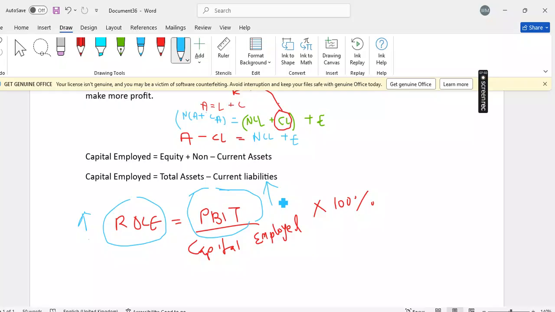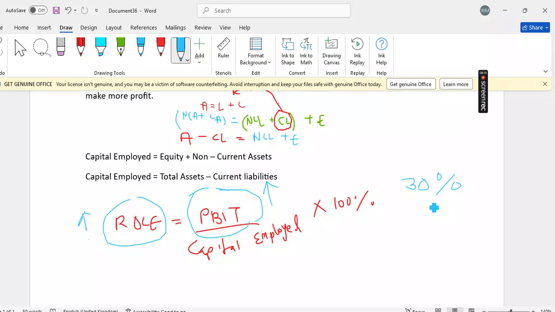So if you say a return on capital employed of 30%, it means for every one kwacha you've invested as capital employed, 30% is coming back as operating profit, or 30 ngwe. 30% of one kwacha, 30 ngwe is coming back as operating profit.